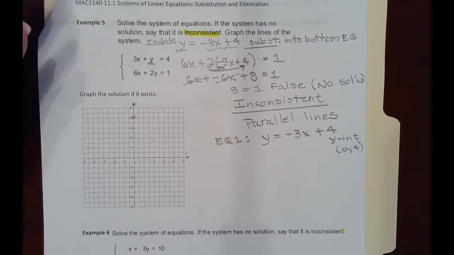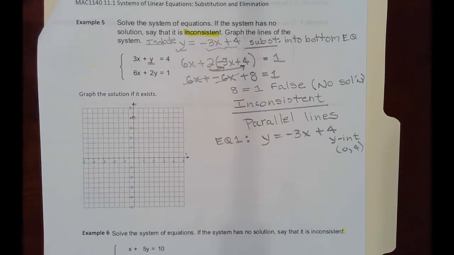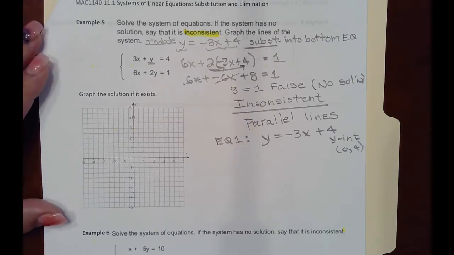Since this system didn't have a solution, we can't fall back on the method that I used in the last problem, where I used that common point right where the 2 lines hit as one of the points on each line, and the y-intercept as the other point, because you need at least 2 points to connect to get the graph of a line.